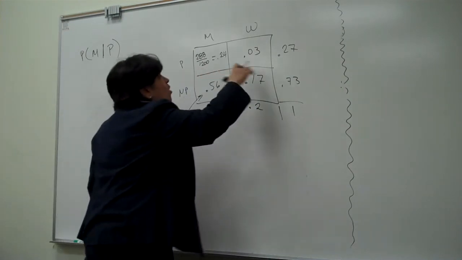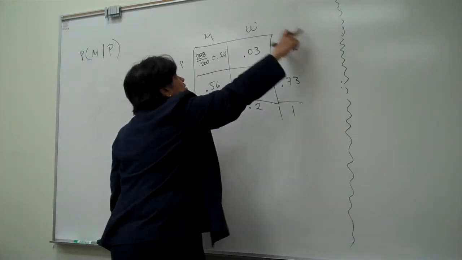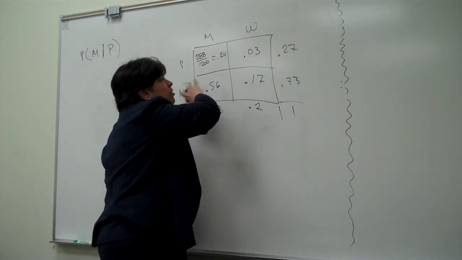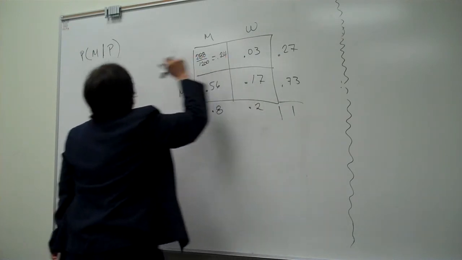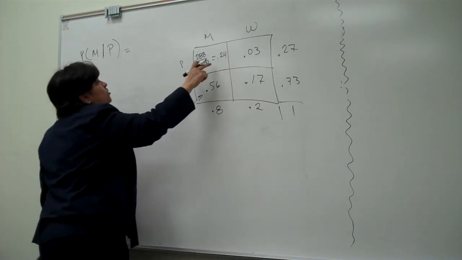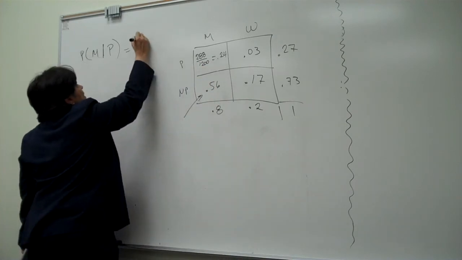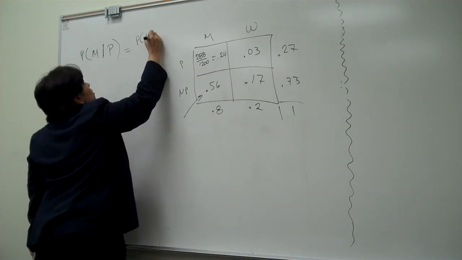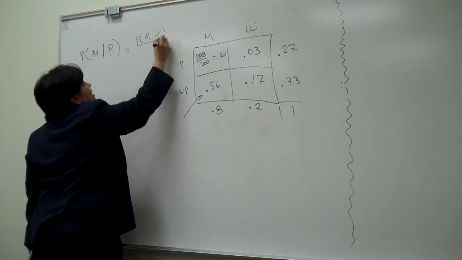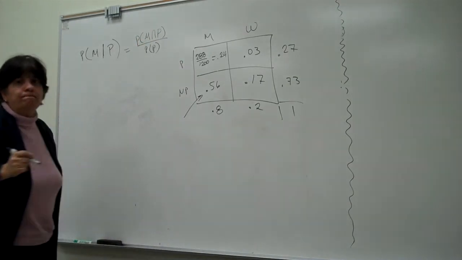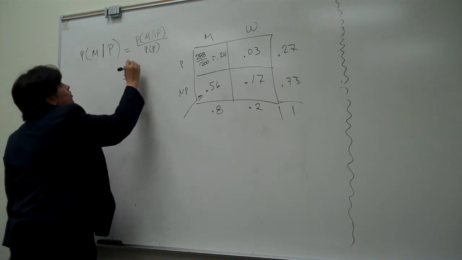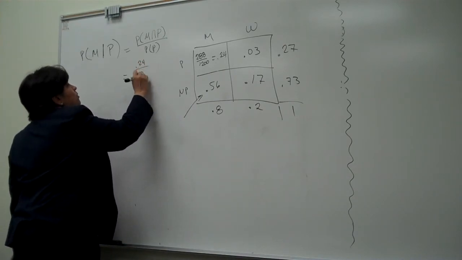If now this is my sample space because they were promoted, forget about the non-promoted. So the probability of being a man given promoted has to be equal to the probability of being a man and promoted divided by the probability of being promoted. And that is equal to 0.24 divided by 0.27.